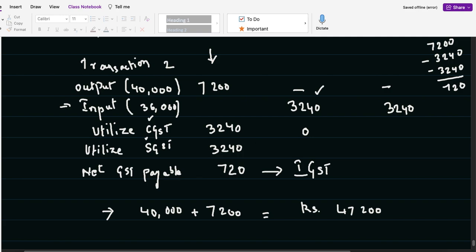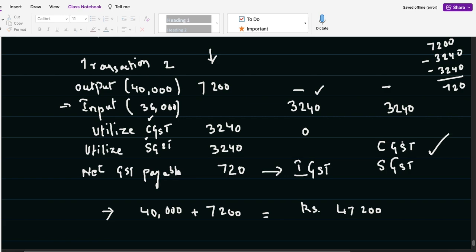Got it? So preference will be given to the center, then to the state. First the center will take its share, then if the remaining amount fulfills the state, it will offset it. Otherwise, if something has to be added, he has to add it, or he will not get the full amount refunded. Okay, he has to check in other transactions to complete that.